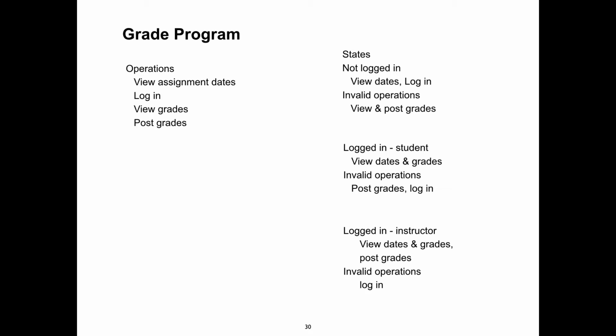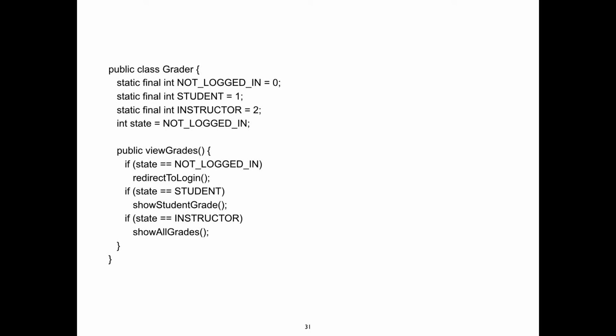So each operation has an embedded case statement to make sure that you were in the right state to be able to do those operations, right? And so then you get a huge case statement. View grades: if they're not logged in, then you have to go to the login page. If you're a student, you can show grades.